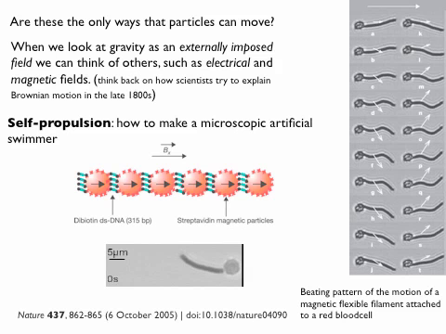So here, I want to give you an idea of how crazy you can go when you're going to try to design your own little machine. In this particular case, which was published in Nature quite a few years back actually, in 2005 already, they had a red blood cell, and to the red blood cell, they attached a bunch of magnetic particles that were linked together with DNA chains.